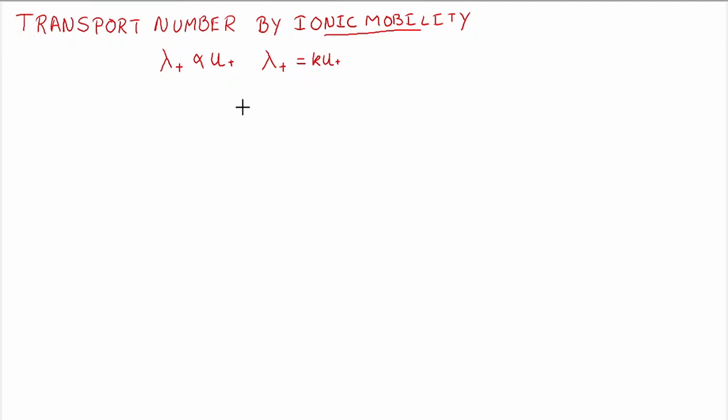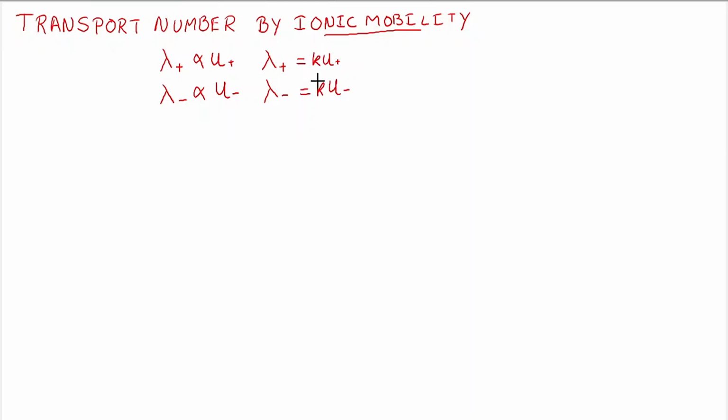In order to remove the proportionality sign, we can write lambda plus is equal to k u plus. Similarly, the speed of our anion, u minus, will be proportional to the equivalent conductance of our anion, lambda minus, and removing the proportionality sign, we write lambda minus is equal to k u minus.